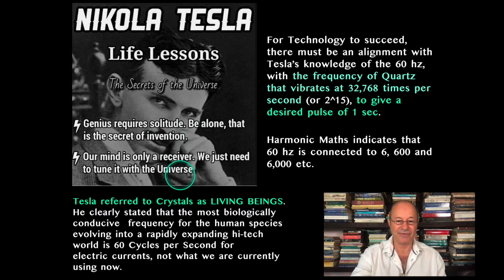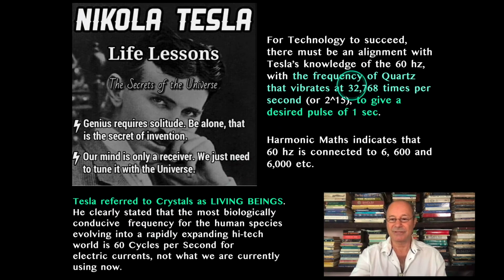This is the secret of invention. So he tuned in to all living things, and he basically said that the ideal frequency for electricity is 60 cycles per second or 60 hertz, but we know that other countries are doing their electricity with 50 hertz. So we need to recalibrate and align ourselves with the living mathematics of nature.